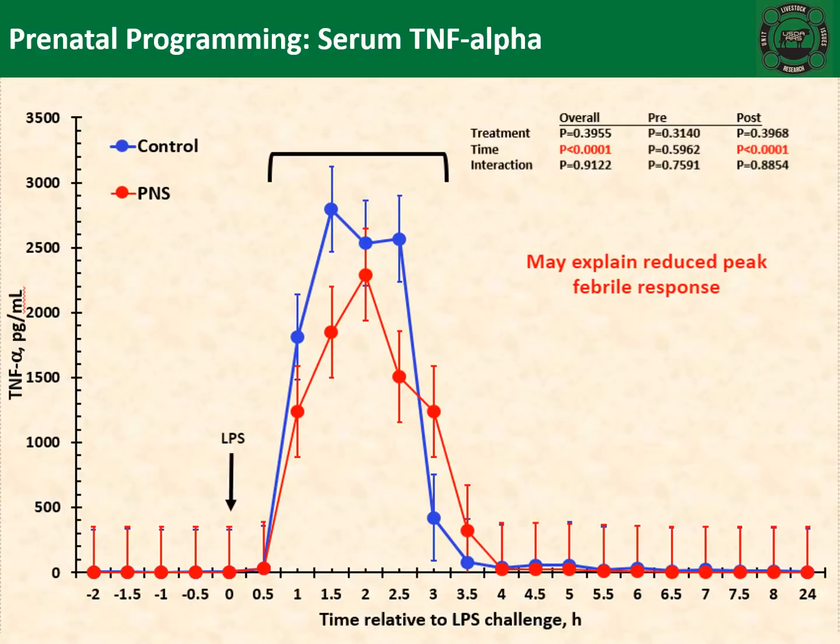In addition to the different fever response, we also observed differences in TNF-alpha. The blunted TNF-alpha responses depicted in this graph for the heifers whose dams received the endotoxin during the third trimester may explain the reduced peak fever response in those heifers. As mentioned earlier, both TNF-alpha and interleukin-6 are considered to be the primary mediators of the fever response.